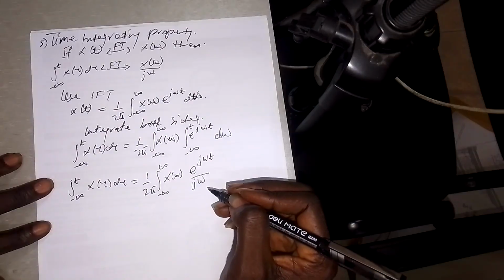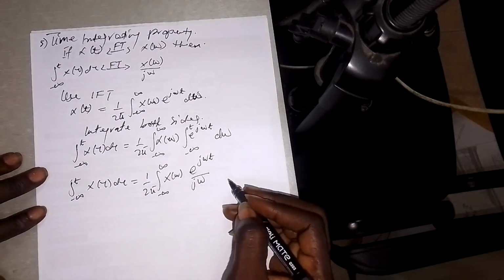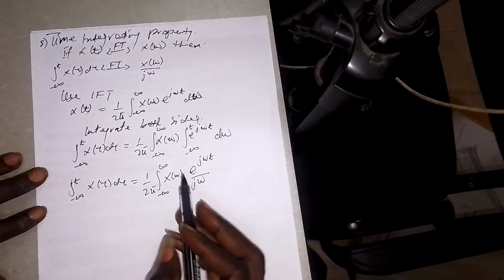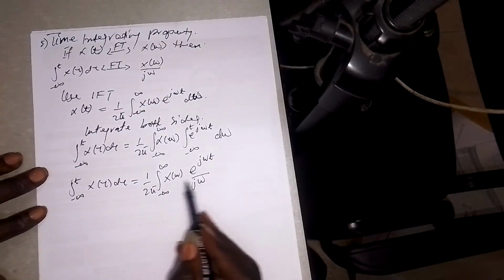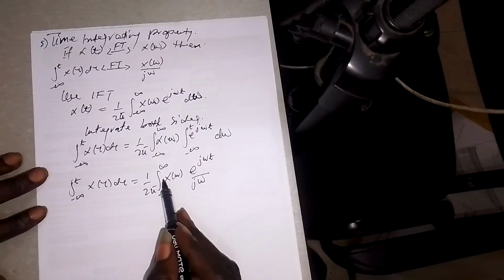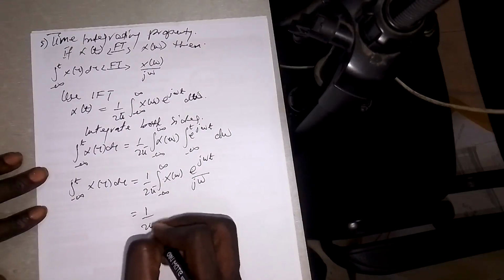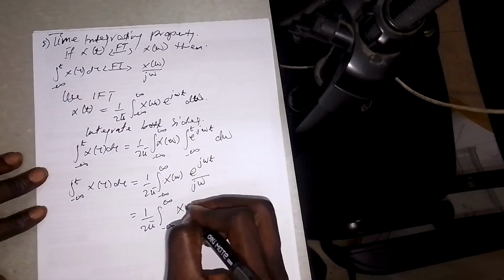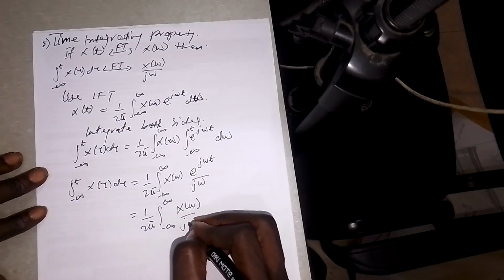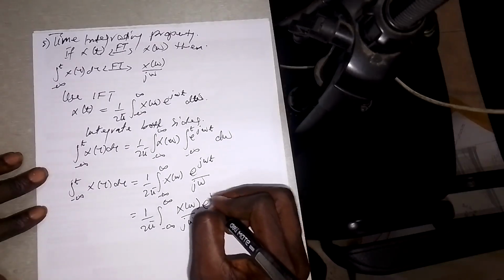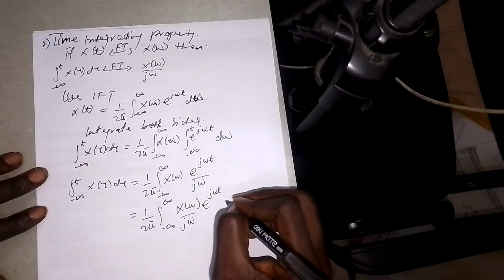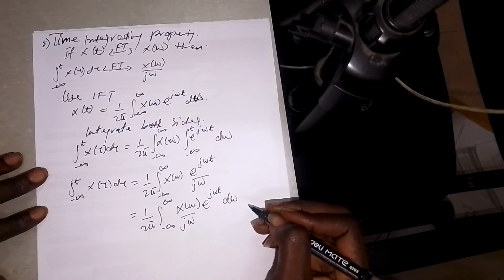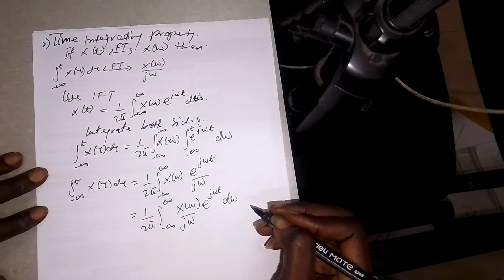So when I have this one, I can bring this one here, and then I can say 1 over 2 pi times the integral from minus infinity to infinity of X of omega, times 1 over j omega, times e to the j omega t, d omega. Okay, all right.